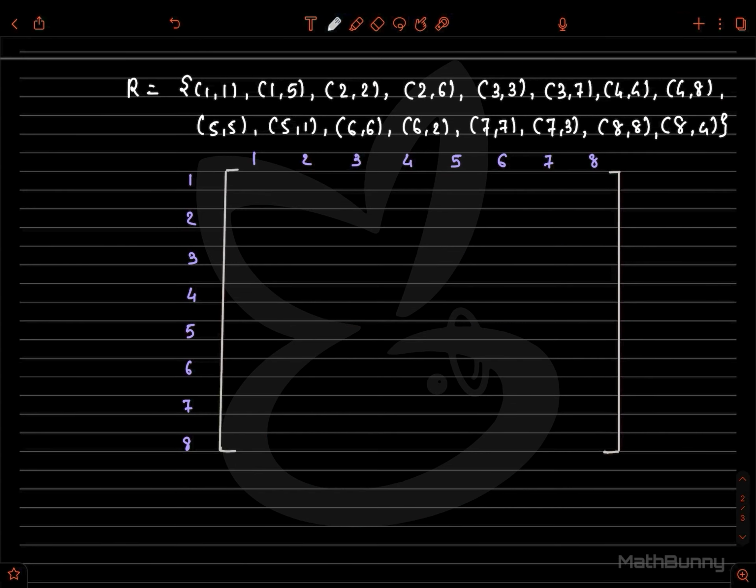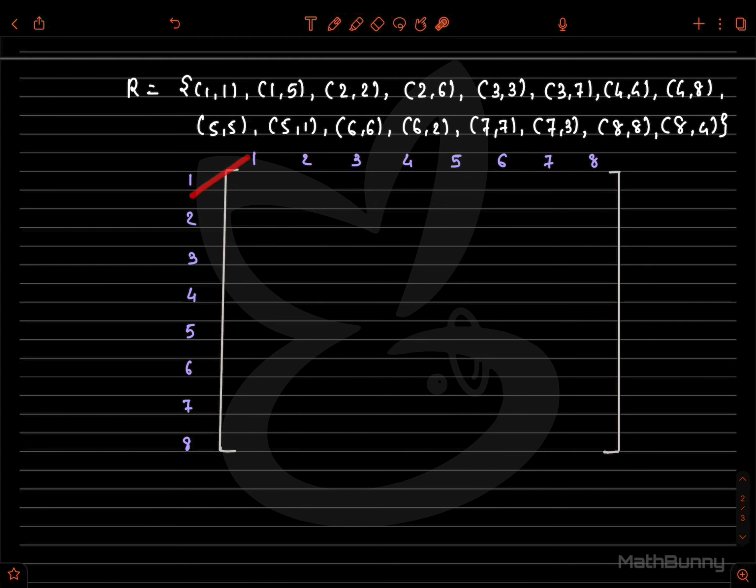Now, we are supposed to write the relation matrix for R. We already know in the relation matrix, if an element is present, we write 1 and if an element is absent, we write 0. Here, for all these elements, we write 1 and for the rest of the elements from the Cartesian product, we write 0.